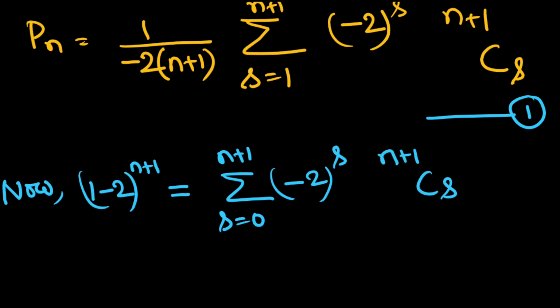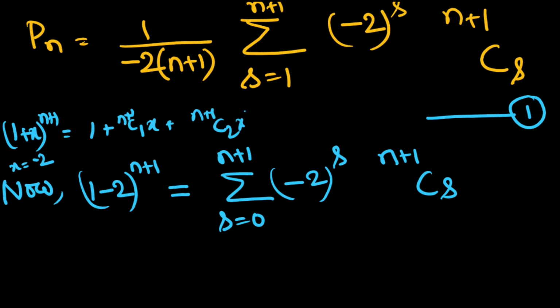If we break it, suppose we write the general form (1 + x)^(n+1) and put x = -2. Then it gives 1 + (n+1)C1 x + (n+1)C2 x² up to (n+1)C(n+1) x^(n+1).